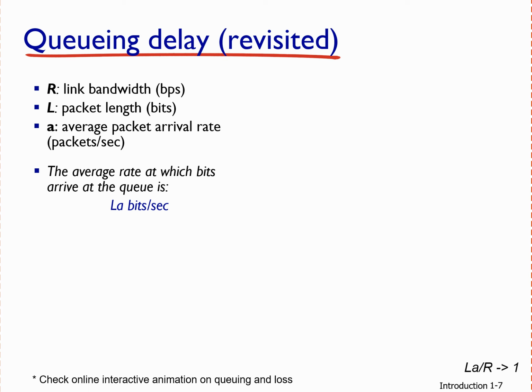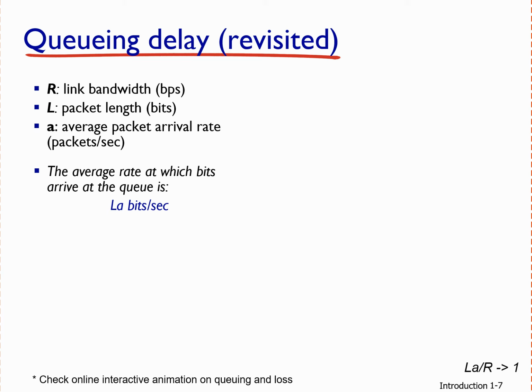Let's go back to the queuing delay and discuss it in a little more detail. As you recall, the link bandwidth is measured as bits per second, which is how many bits this link can transmit in a second. We have the length of the packet in bits.